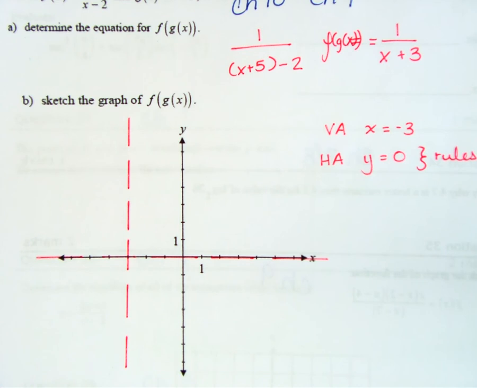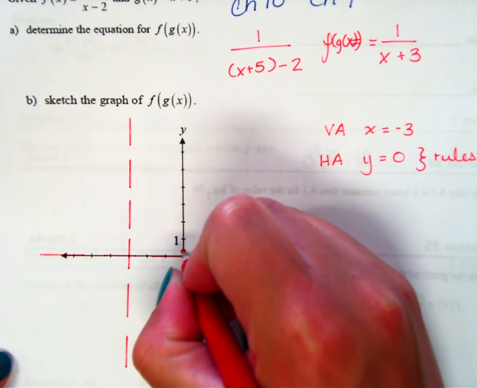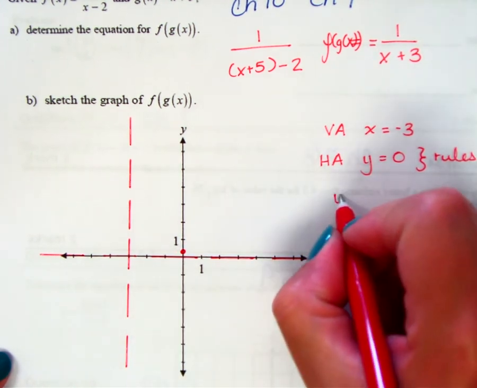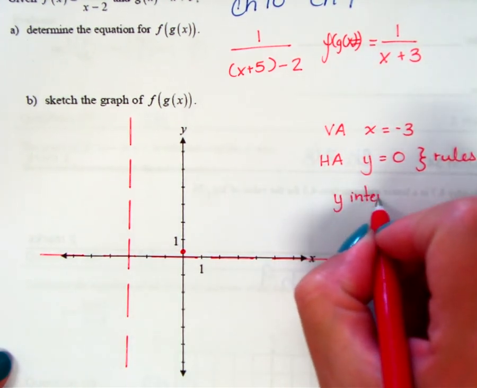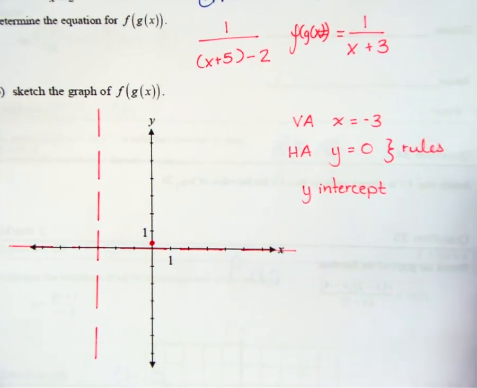All right. Y-intercept. One over 3. What do we know x is when we're looking for the y-intercept?